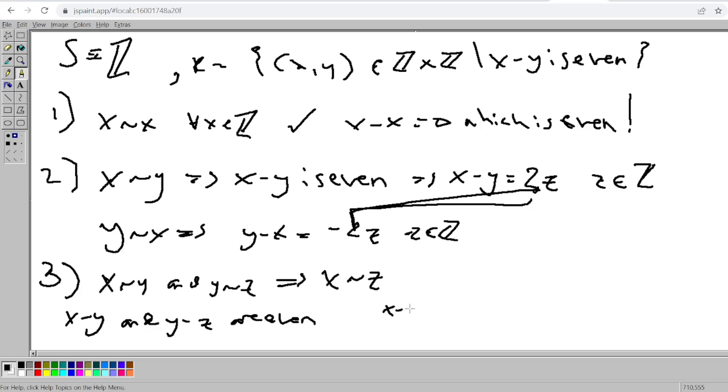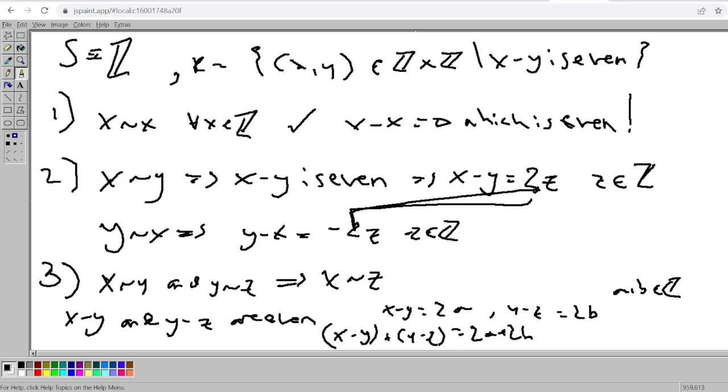We can say that x minus y is equal to 2a and y minus z is equal to 2b for a, b in Z. And so we can do x minus y plus y minus z is equal to 2a plus 2b, which is equal to 2(a plus b), which implies that x is in fact related to z.